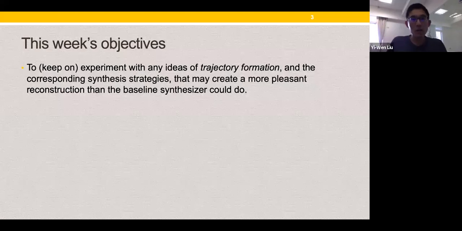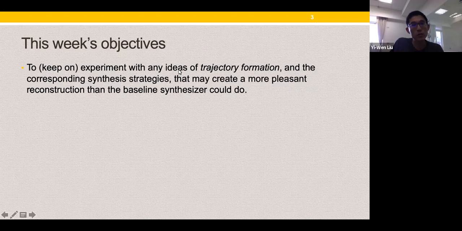Once you have a trajectory formation idea, it happens in the trajectory domain, right? You still need to synthesize the actual signal based on the trajectory. So that's another part. We want you to experiment first with trajectory formation, as well as the corresponding synthesis strategies.